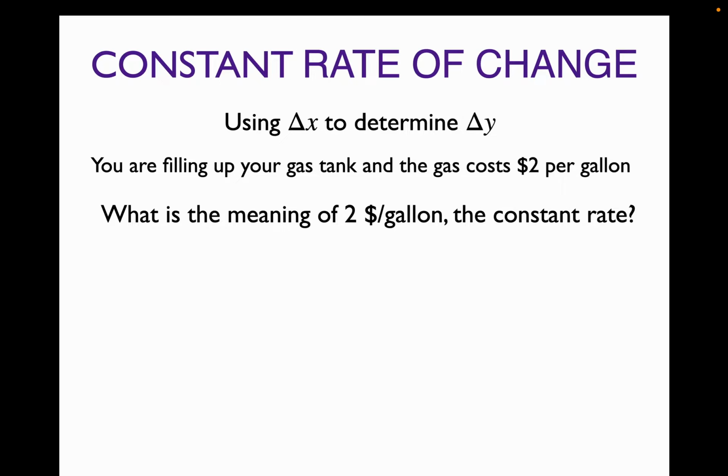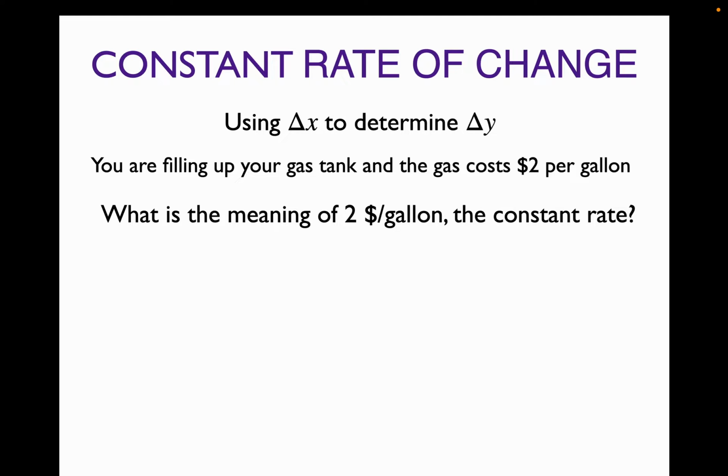But the meaning of this $2 per gallon, well, if I'm thinking about filling up my tank at the gas pump, I wish it was $2 a gallon. It's not. But if this were the price, every time I get an extra gallon, it costs $2 more, right?